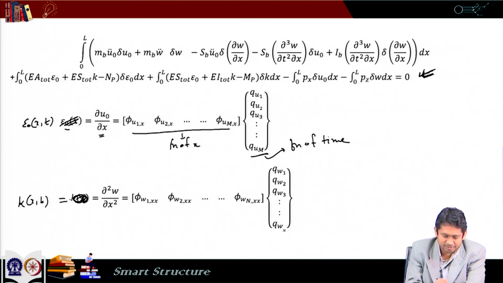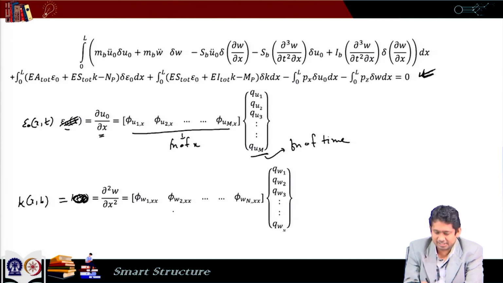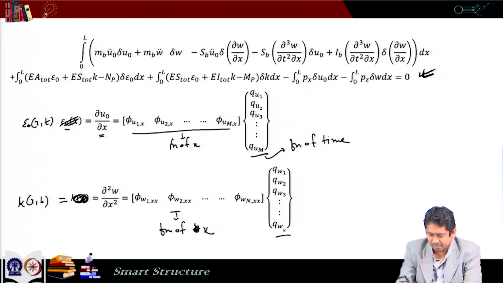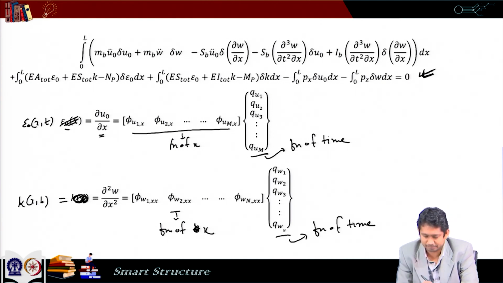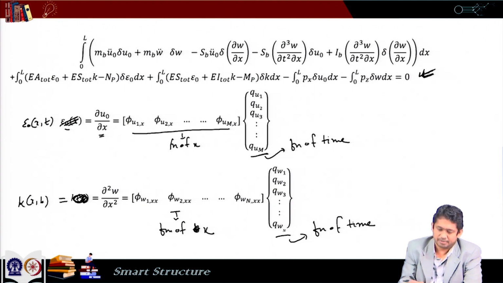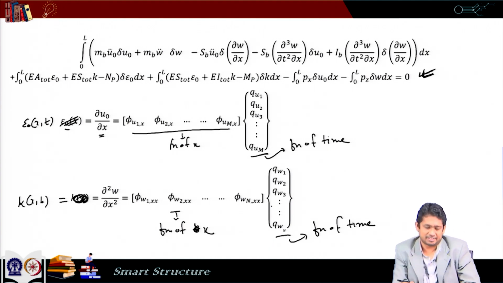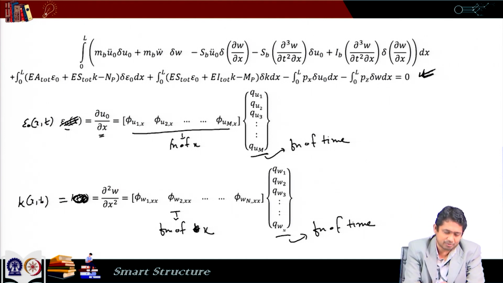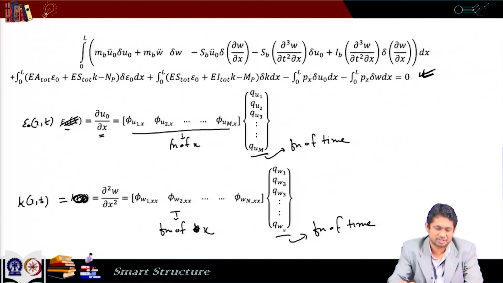So, this is a function of x, and this is a function of time. We are familiar with this expression, we did it before also. The only difference is that now these q's are functions of time.